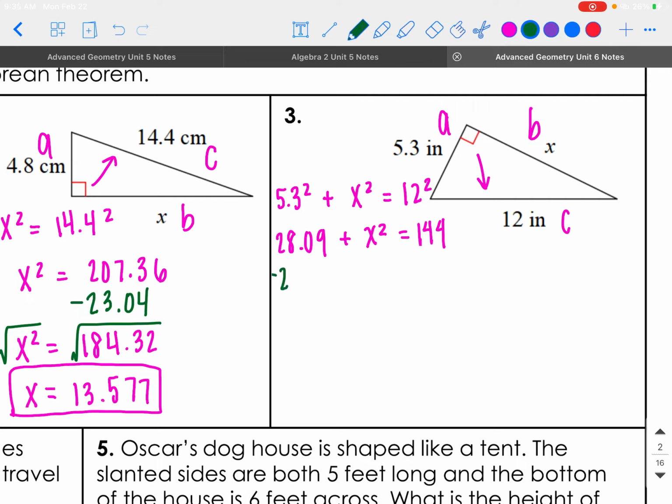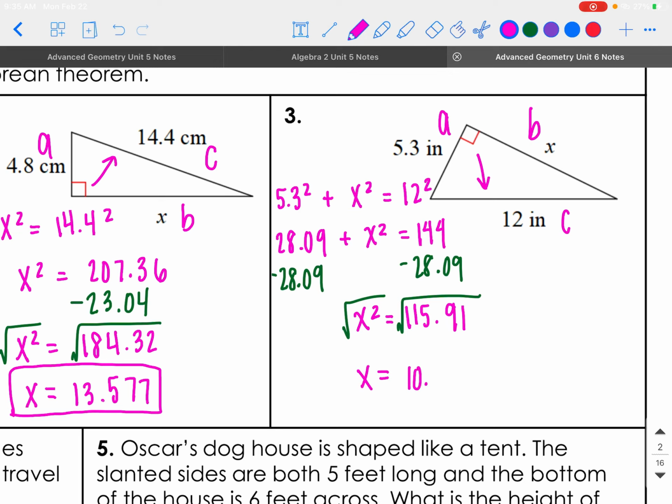Then I subtract to get x squared equals 115.91. And then I take the square root, and we get x equals 10.766.